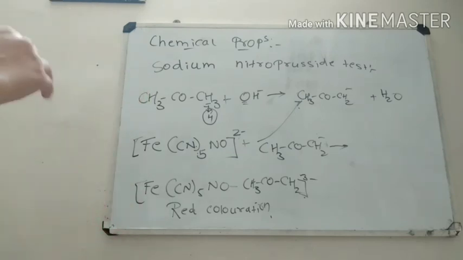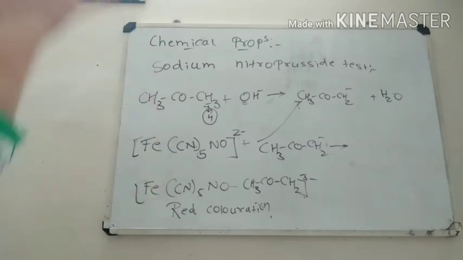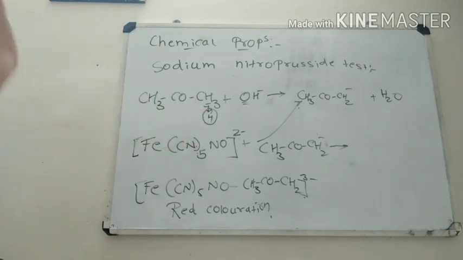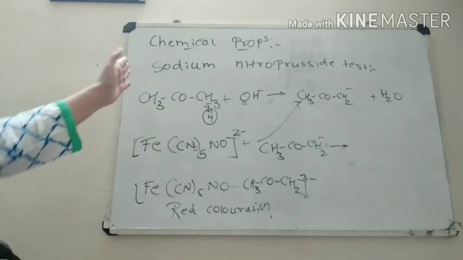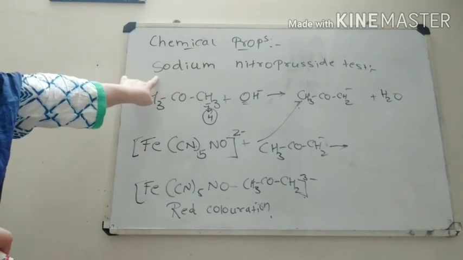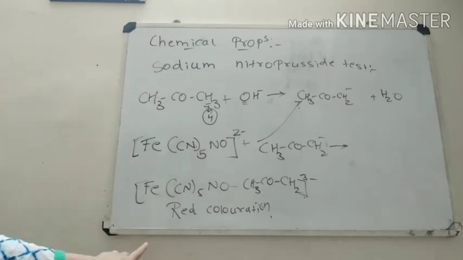So oxidation takes place only in the aldehyde, so it is a good reducing agent, but not the ketone. Then for the detection of the ketone, which test do we use? The sodium nitroprusside test. I have written this reaction, so you just go through this. Thank you so much.